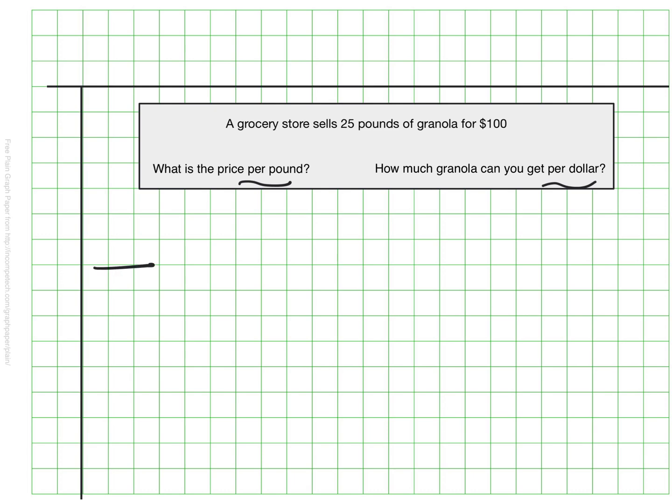If we want the price per pound, we would need to put pounds on the bottom. So we know there are 25 pounds, and that costs $100. To figure out the price per pound, we're going to divide by our denominator, and we're going to divide 100 by 25, and that will tell us that it costs $4 for 1 pound, right? So that's the first unit rate.